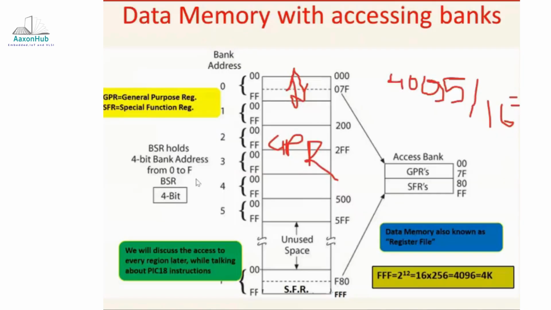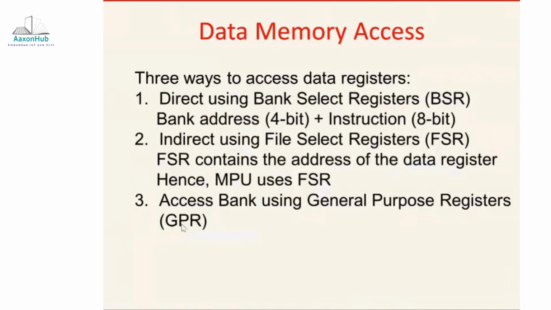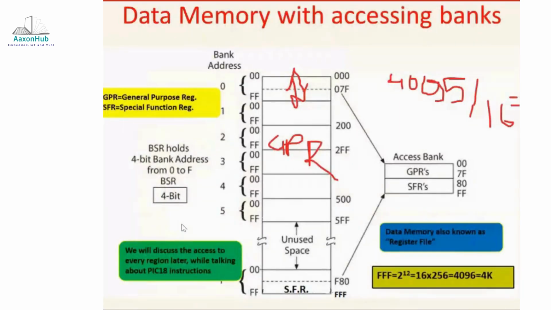And the third case is for your general purpose accessing of that bank. In that manner, this specific address will be given with respect to the bank and general purpose register, through which you will be able to address a location from your memory locations in the data memory.